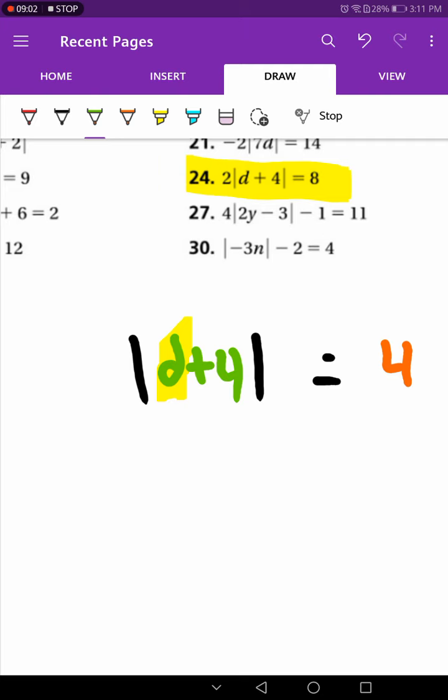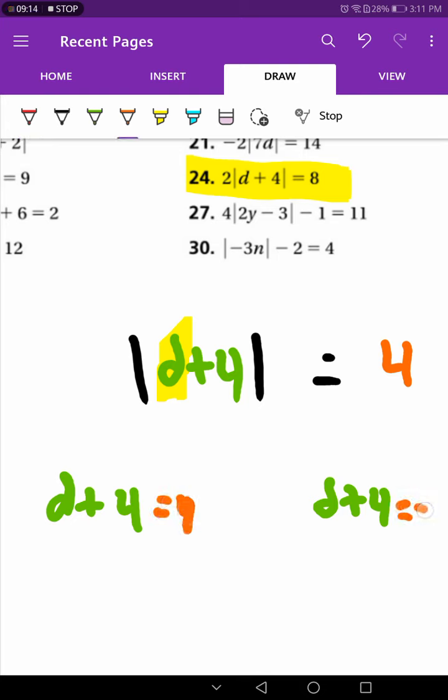I copy it 2 times, d plus 4 here, and d plus 4 here, and give the first value, which is 4, the same one, and this is the negative. Now negative 4, negative 4, so d equals 4 minus 4 equals 0, my dear student.